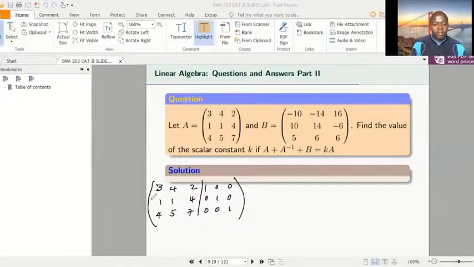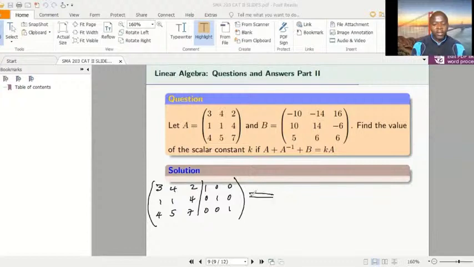When this matrix on the left finally becomes the identity matrix, whatever is here will be the inverse of this matrix. That is how the Jordan method works.